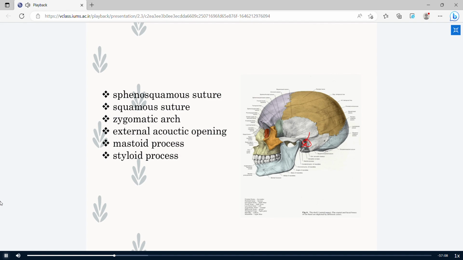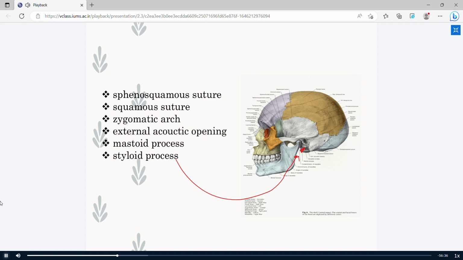And in this picture, you can see the styloid process, this one. The styloid process is a sharp projection and it's the fourth part of the temporal bone. This process is near 2.5 centimeters and it's for attaching muscles and ligaments in the neck.